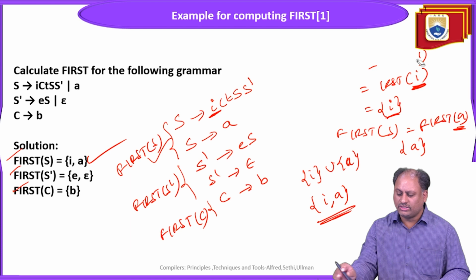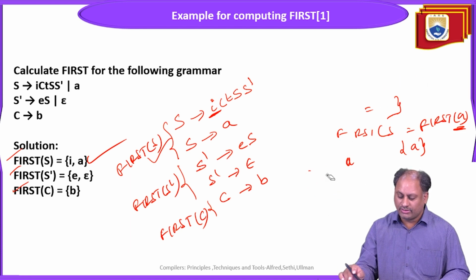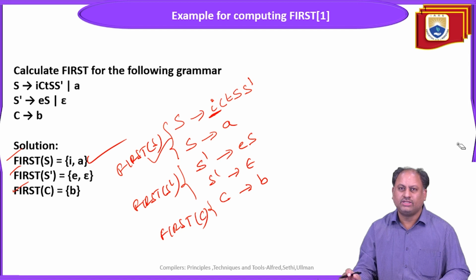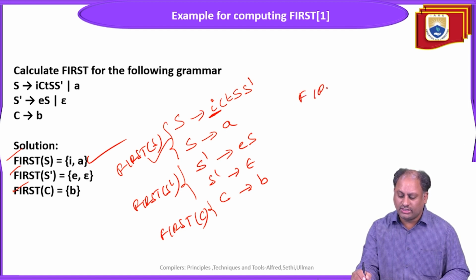Whereas the second one: only three are to be computed in this example. First S dash. What is S dash here?